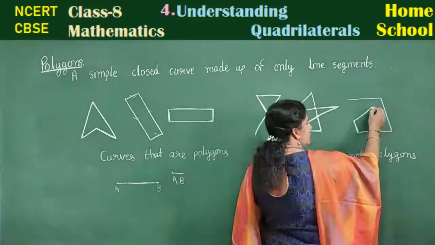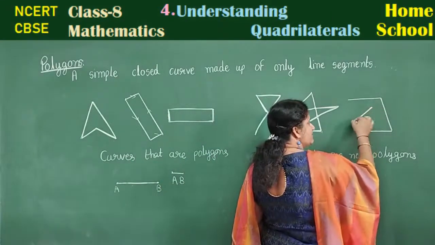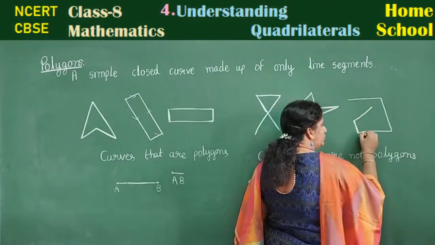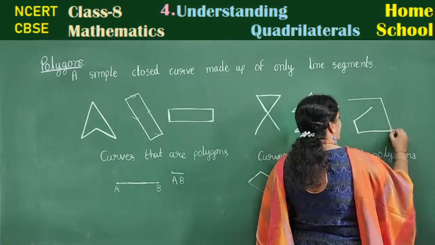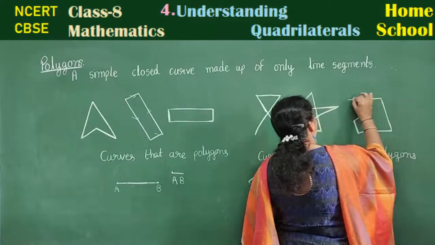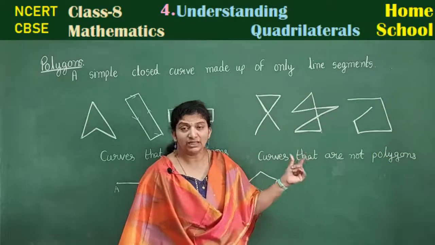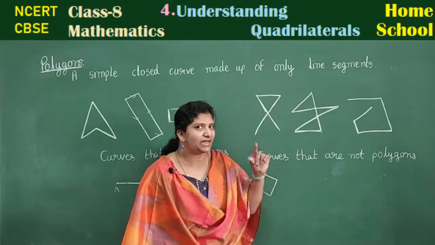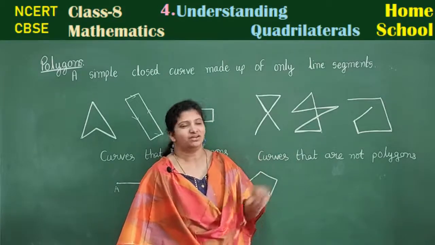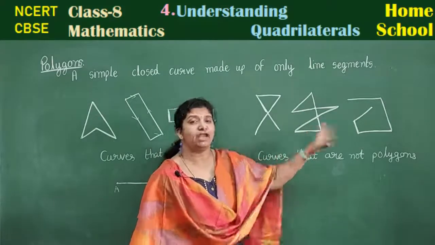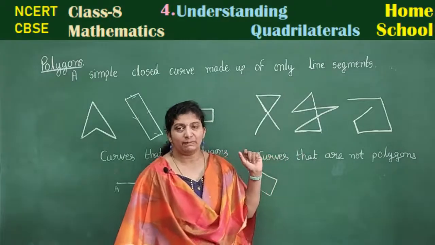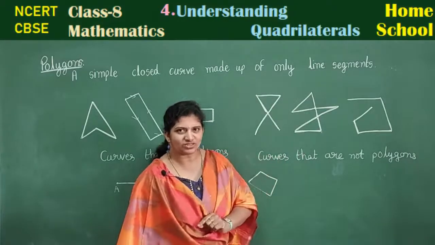Then look here, this is also made up of line segments. 1, 2, 3, and here 4, 5. Yes, it is a simple curve made up of line segments. But is it closed?